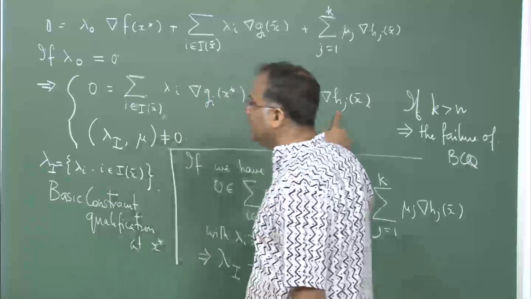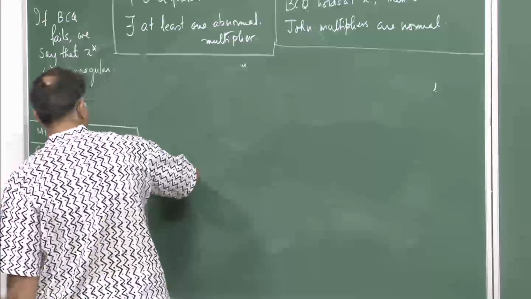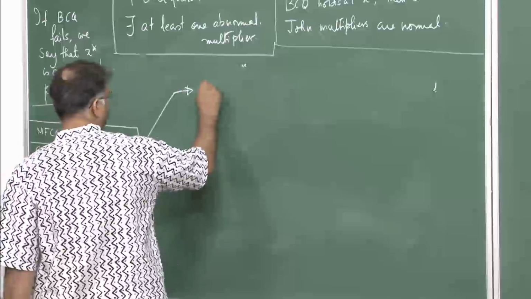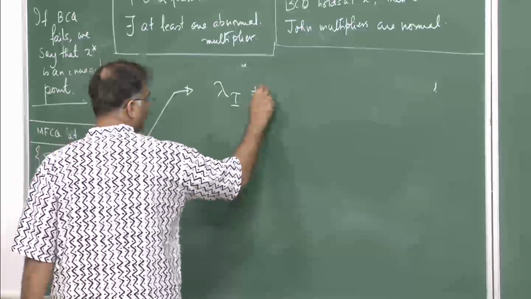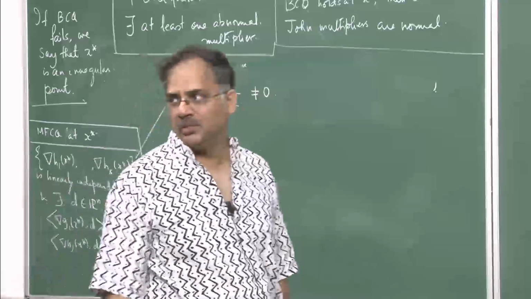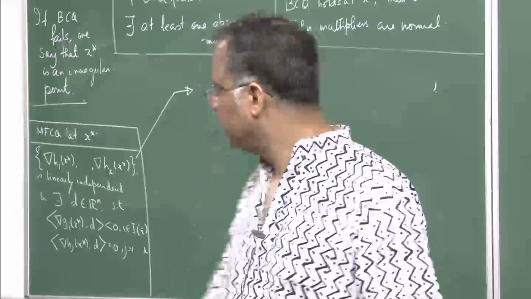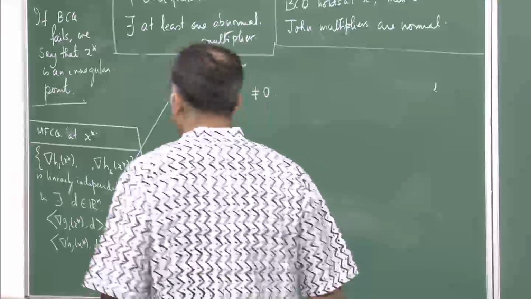So, if this is true, so I am assuming that MFCQ holds at x star, then this would imply that lambda of I is not equal to 0. This will automatically imply that. Okay. Now, what would these two conditions imply?